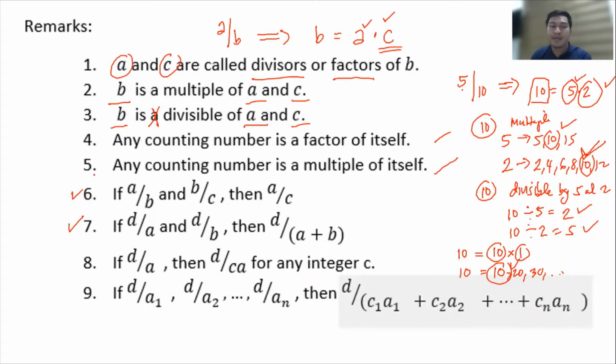So for number 6, if A divides B and B divides C, then A divides C. The second is if D divides A and D divides B, then D divides A and B, or A plus B. The number 8, if D divides A, then D divides C times A for any integer C. And the last one, if D divides A sub 1, D divides A sub 2, and so on until D divides A sub n, then D divides C1A1 plus C2A2 plus it goes on until say CNAN.